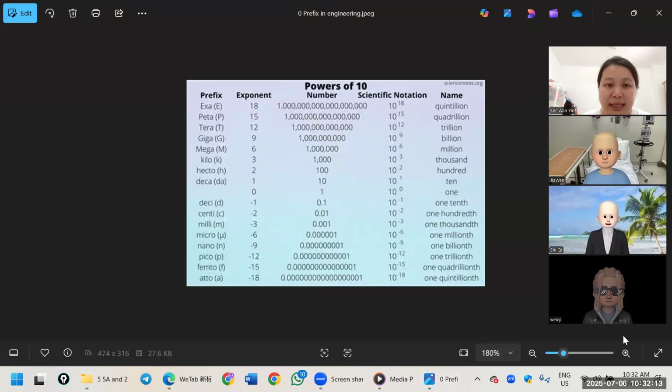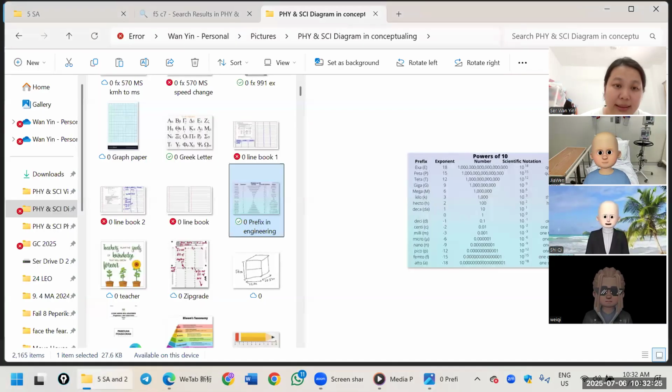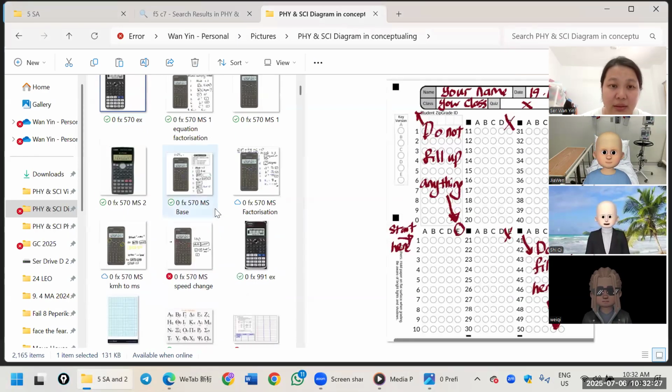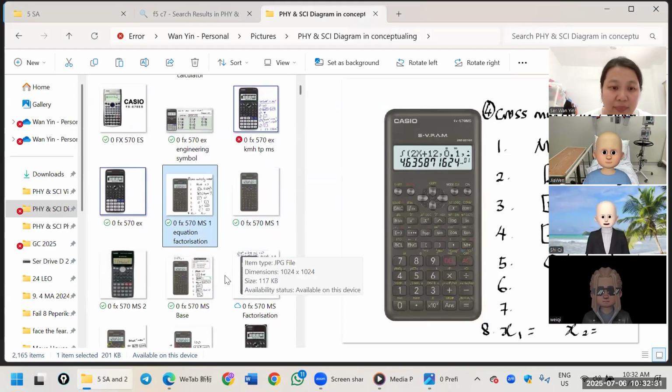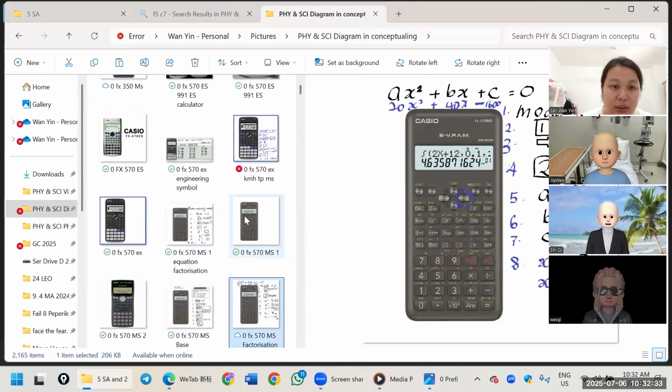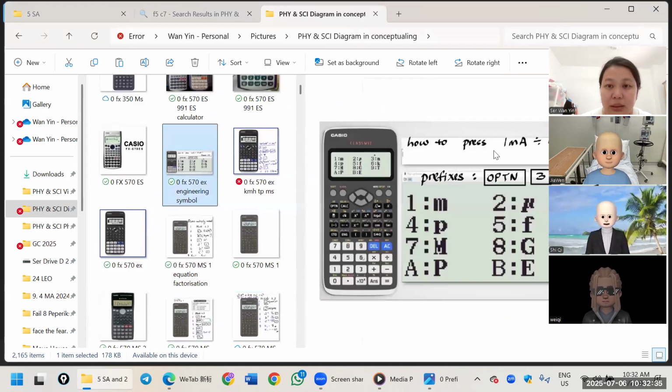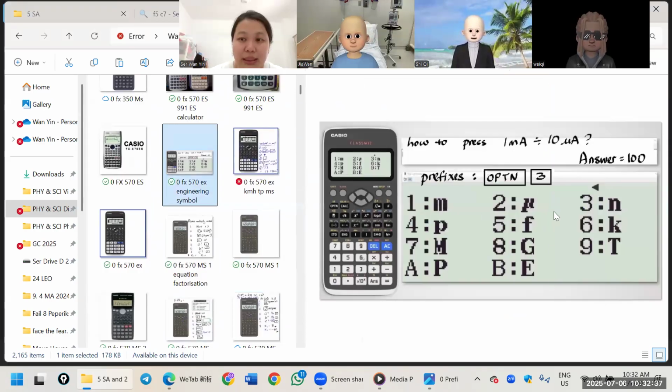Yes, correct. Nano is times 10 to the power of negative 9. Press your calculator. How? Ask your friend or Google search. I taught many times already. This one, option 3, nano, number 3.